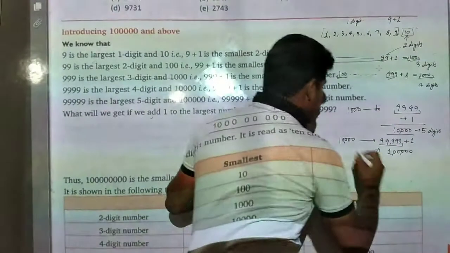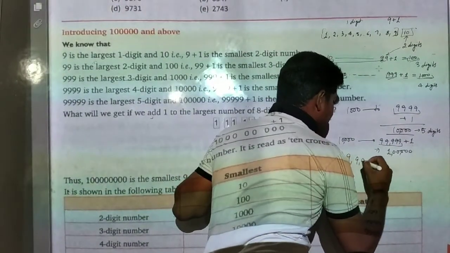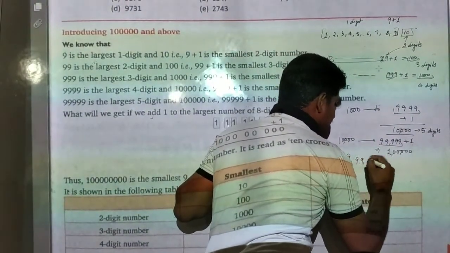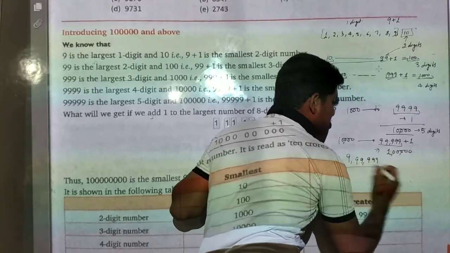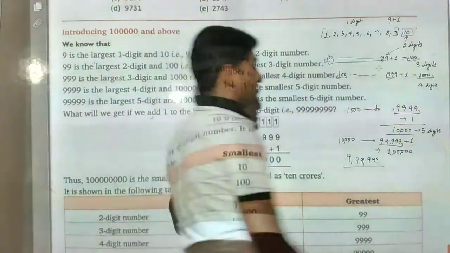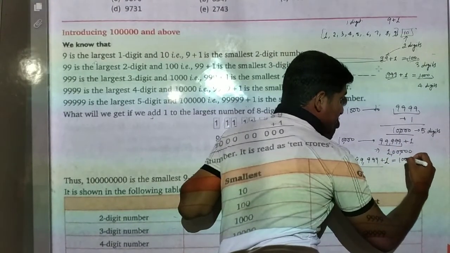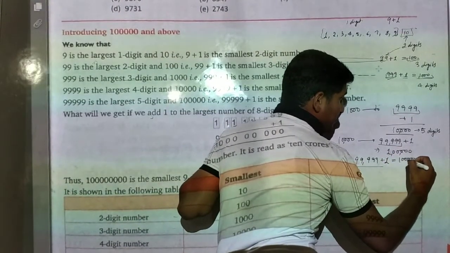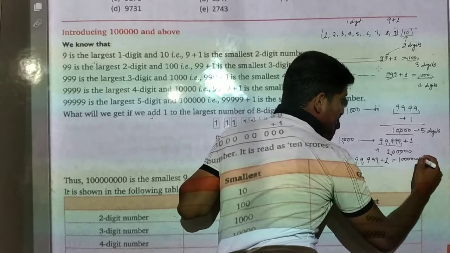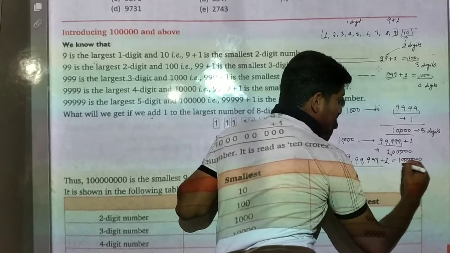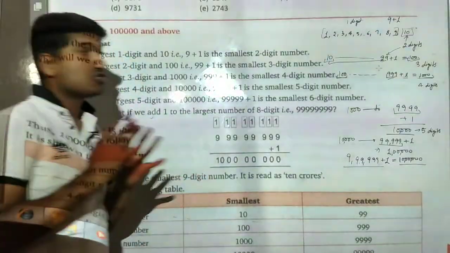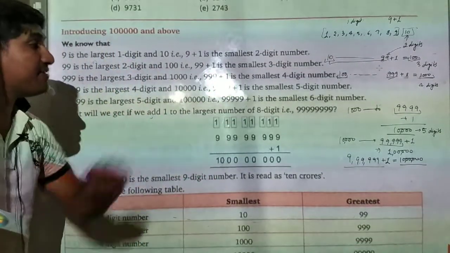From 1 lakh we go to 9,99,999, the greatest 6-digit number. When we add 1 to this we get 10 lakh, the smallest 7-digit number.